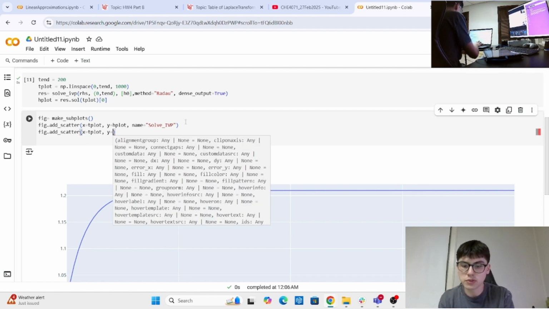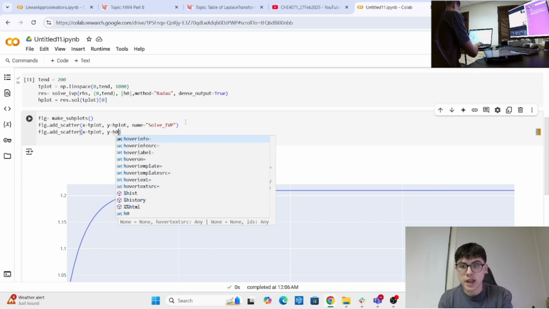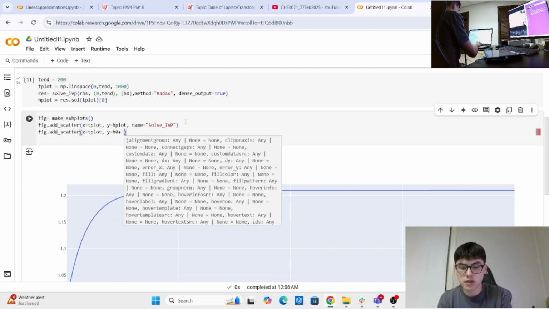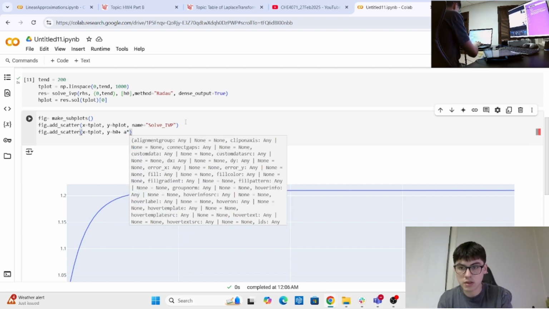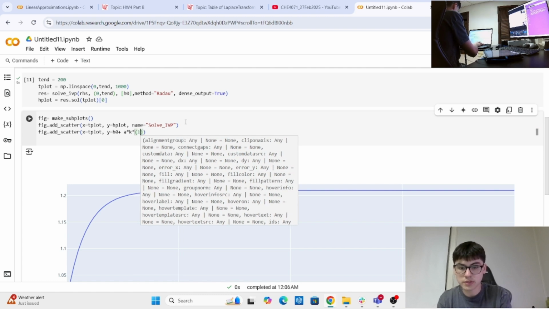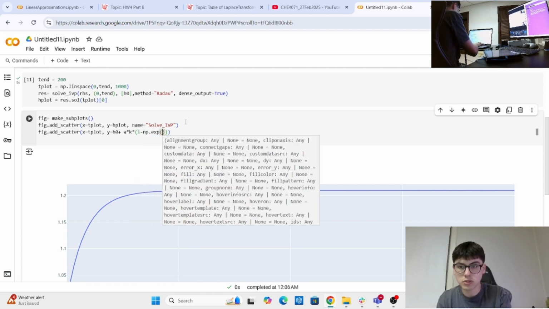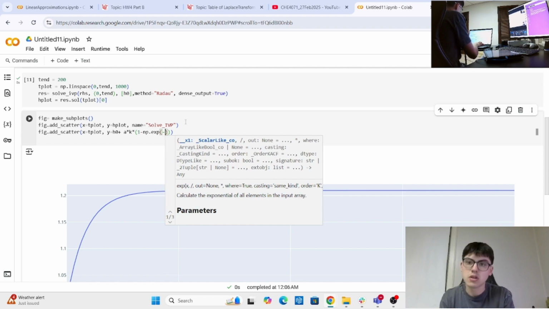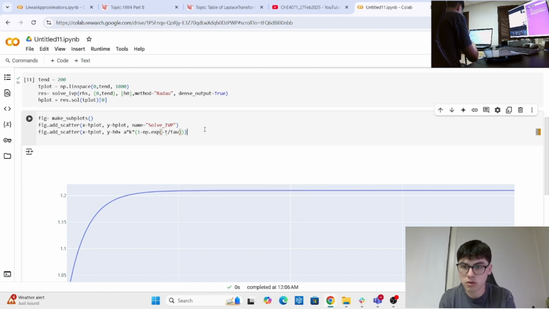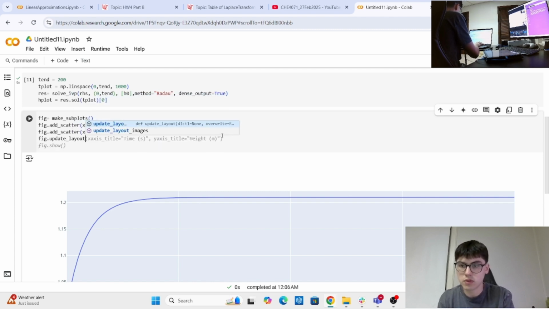So y will be equal to h naught plus a times k times 1 minus np dot exp of the negative value of t divided by tau. And t is not defined, we'll do t plot. Fig dot update underscore layout.